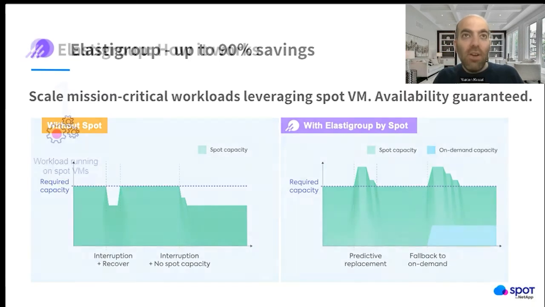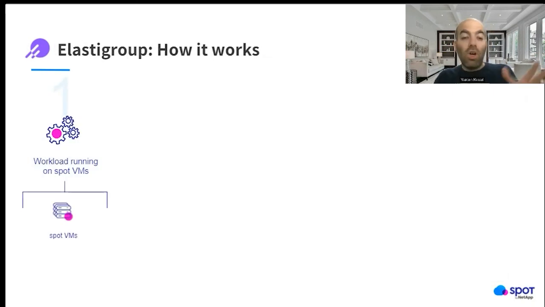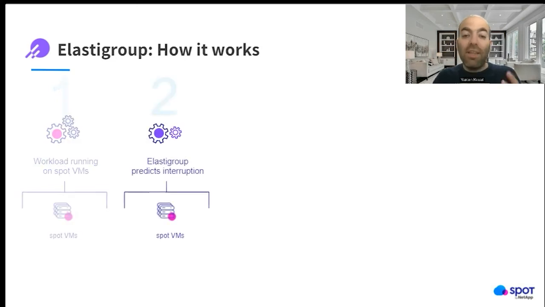We are seeing here that Elastigroup is running on workloads that are running spot VMs. Regular run. Afterwards, Elastigroup can predict an interruption of a specific spot VM type inside of some spot market.